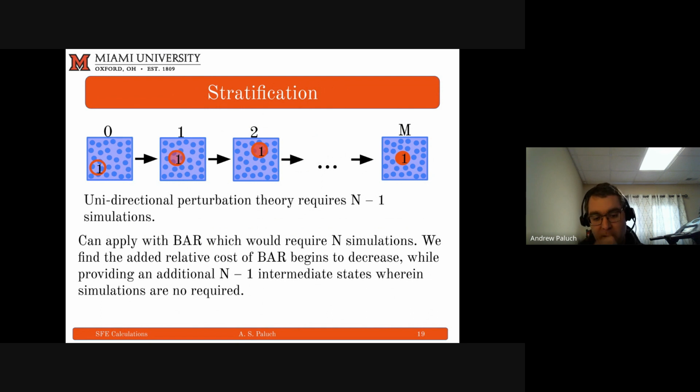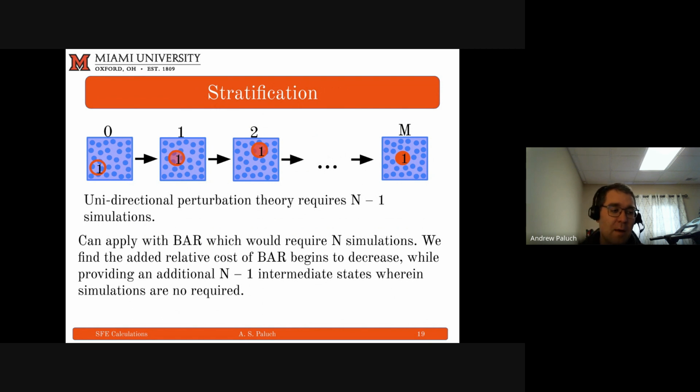So first I go from non-interacting to interacting just with Lennard-Jones, carving out that cavity in solution. Then once that cavity is carved out and I have my solute interacting with my solvent via LJ interactions, the next step is I turn on my electrostatic interactions.